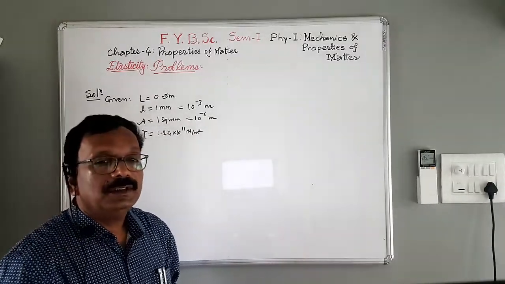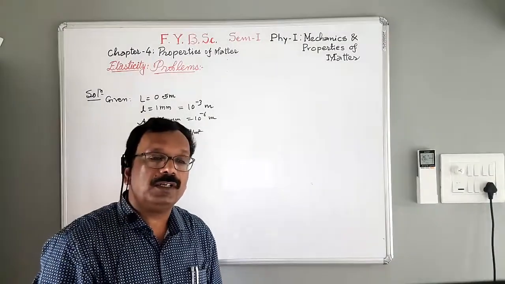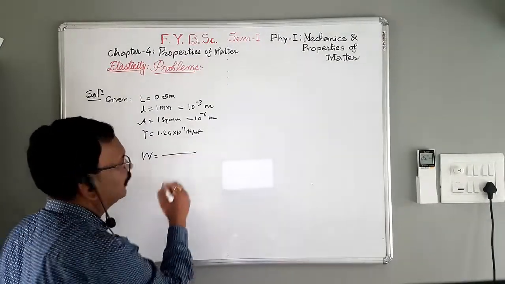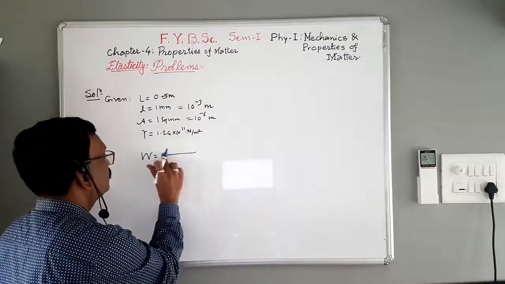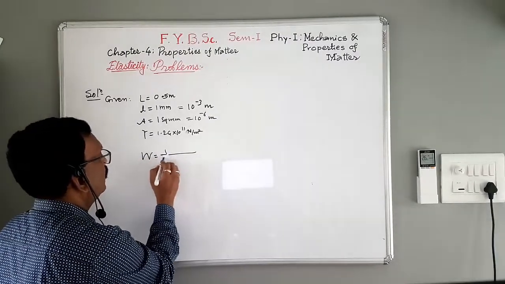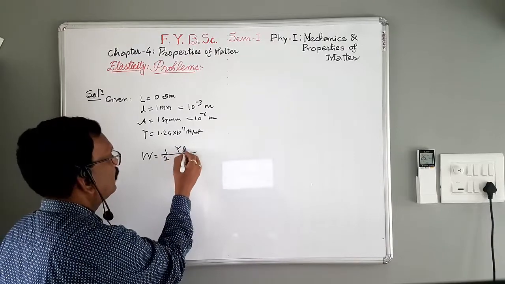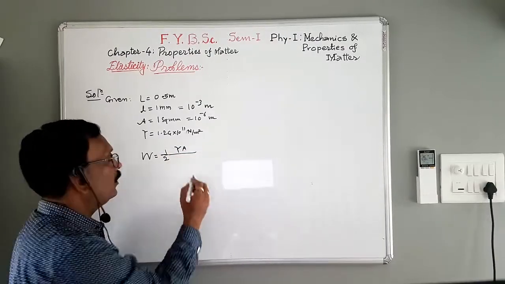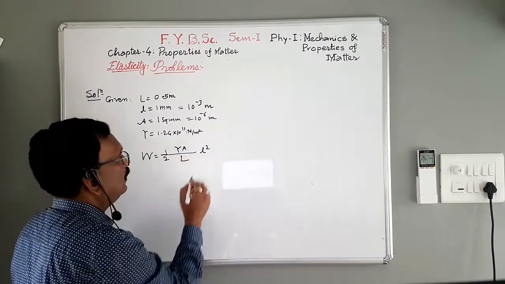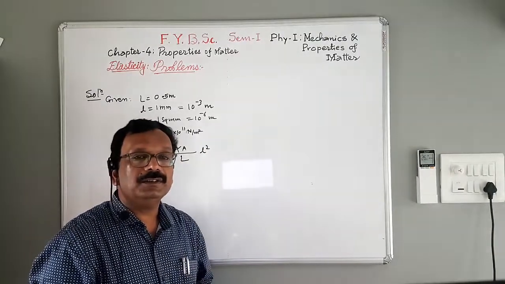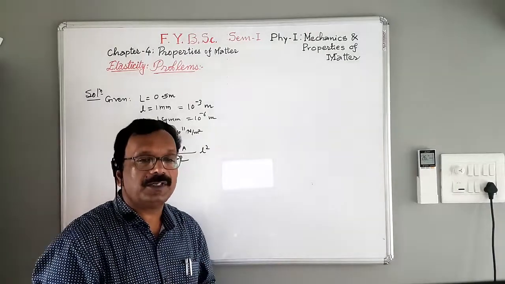Now, in order to obtain the work done, we have the formula. What is the formula for work done? Work done is equal to 1/2 into YA upon L into l square. This formula is already studied by us during the theoretical aspects.